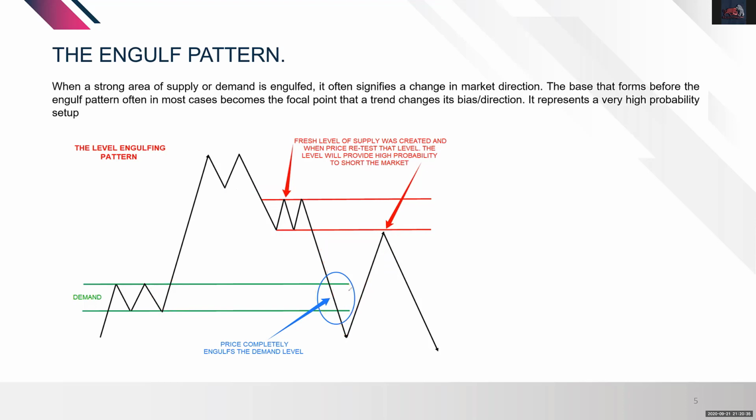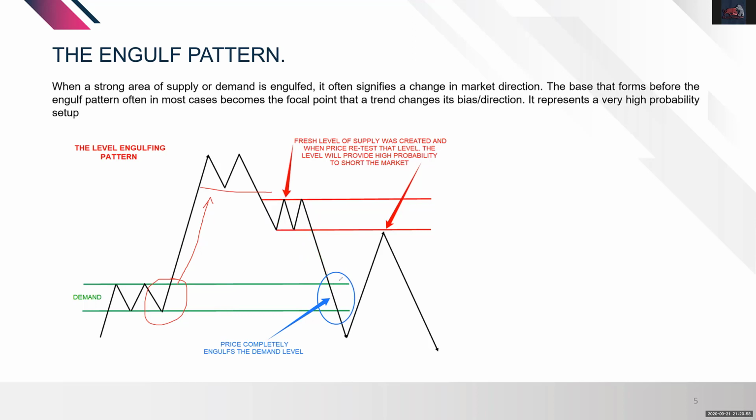So we've got two reference points that we have used. This is a demand level, right? Price massively rallies away. When it finds resistance, it creates a new level of supply and massively drops back to the demand.